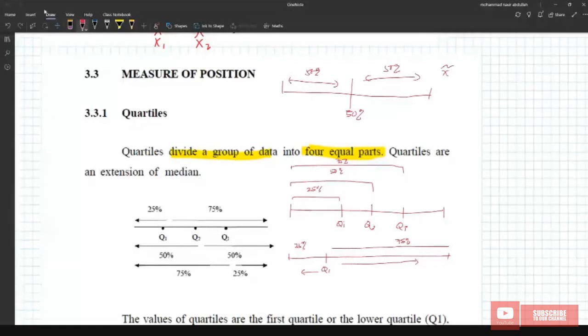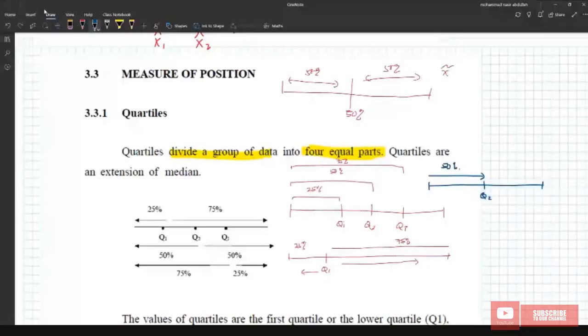Let's say we want to find quartile number 2. For quartile number 2, we're going to cut the data at the first 50%. So quartile number 2 is the same as median.